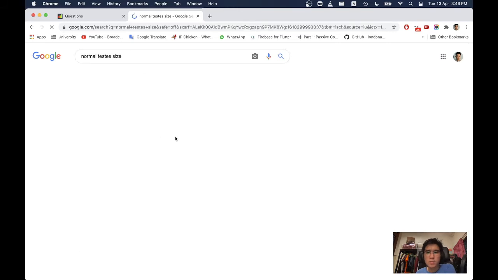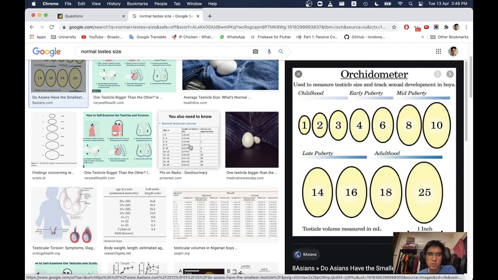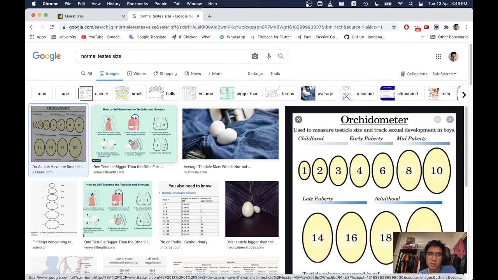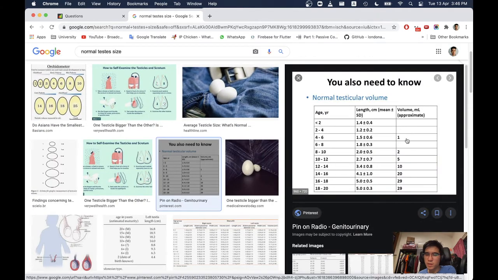So this is an orchidometer. One inch, huh? Childhood 1, 2, 3 is ml, is it? What's the unit here? Volume in ml, okay.